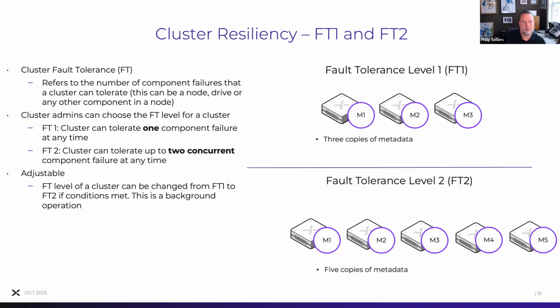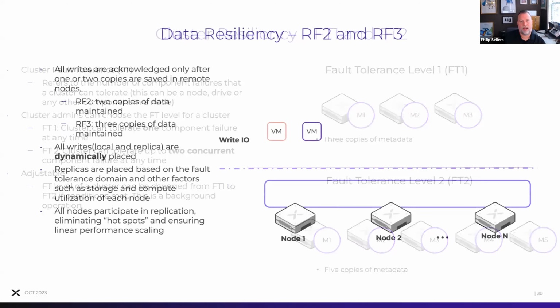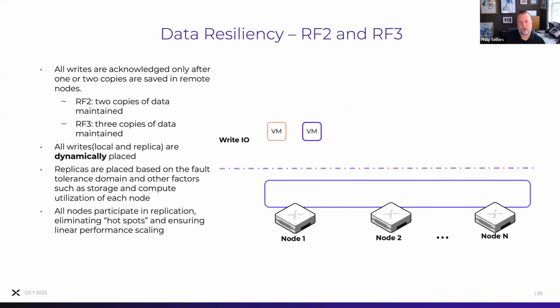This is something that can be changed if the conditions are met, and it's a background operation, so it is adjustable in a cluster. And that's the bigger concept of resiliency at the cluster level. But let's talk about it from a file system or data resiliency standpoint. So these are 2 different things.